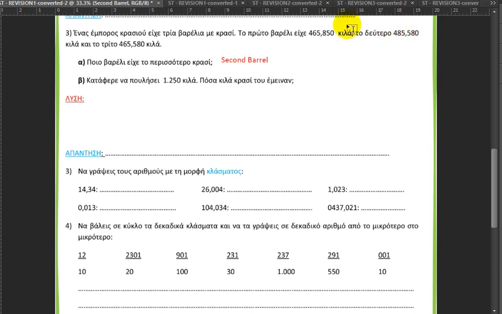So out of all of these, he sold 1,250 kilograms. All right, so how much is left? Well, we first need to find out how much he has. So we need to do 465.85 plus 485.58 plus 465.58. We need to add all of that together.